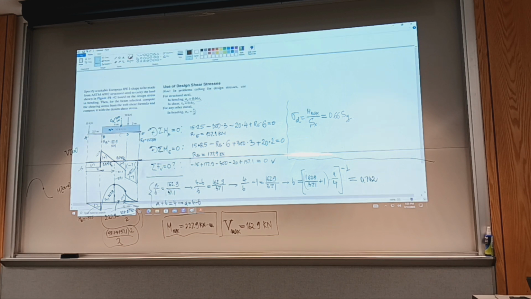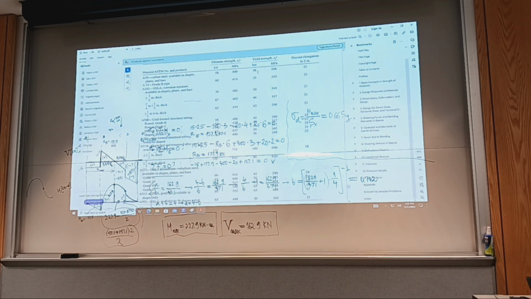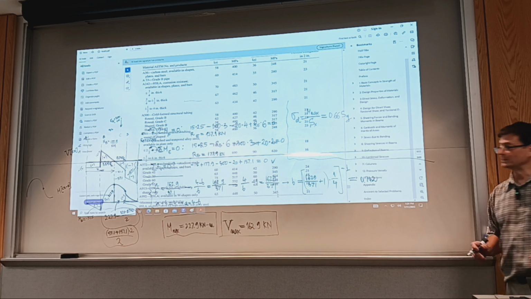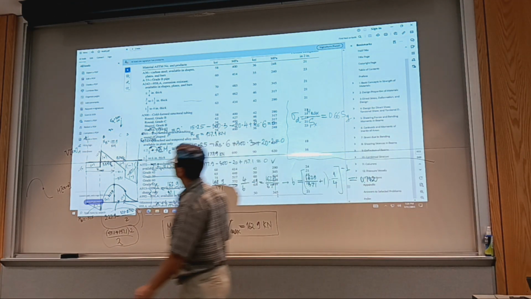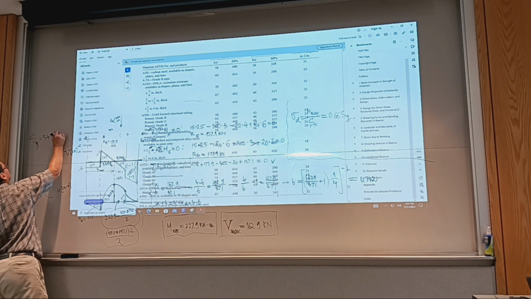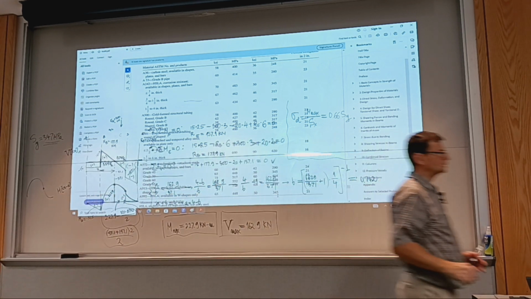Okay, well. And then we look at the yield strength in megapascals. It's 347. So SY is 347 megapascals, again, a high strength low alloy steel.